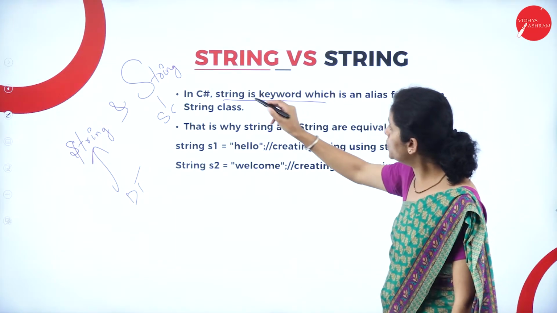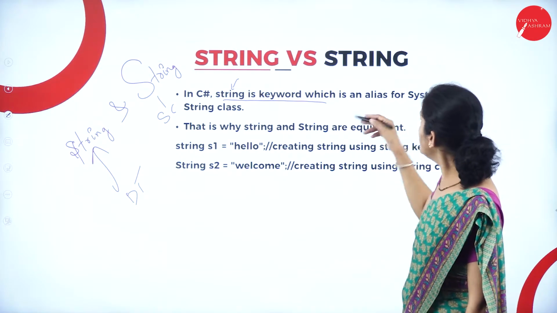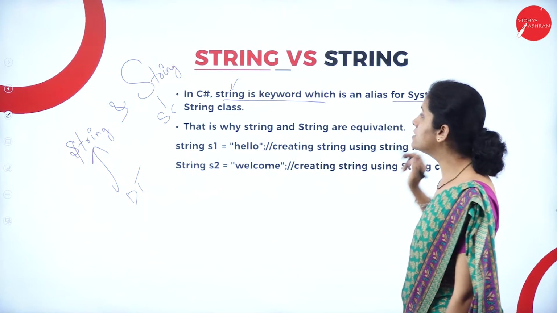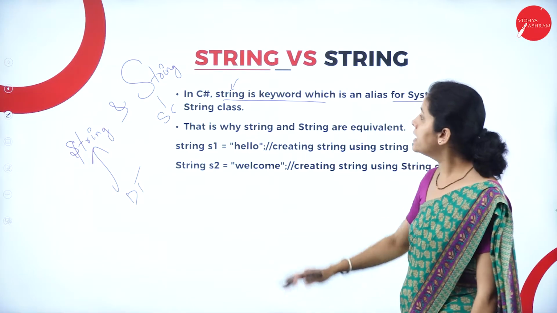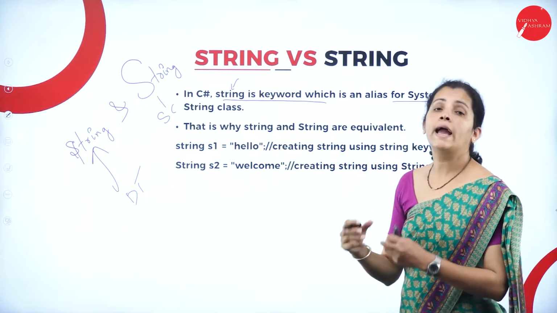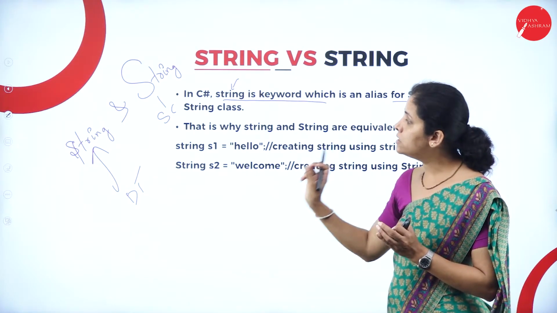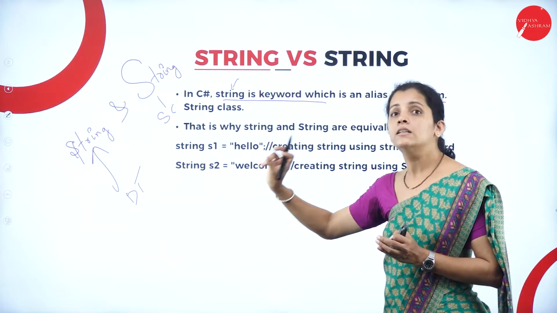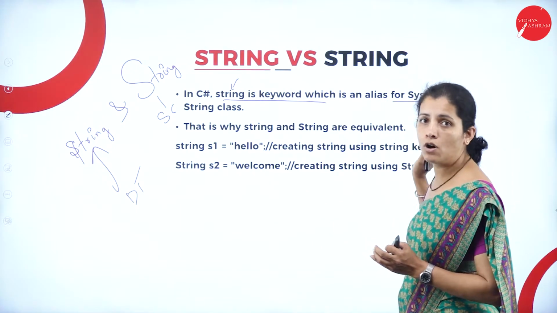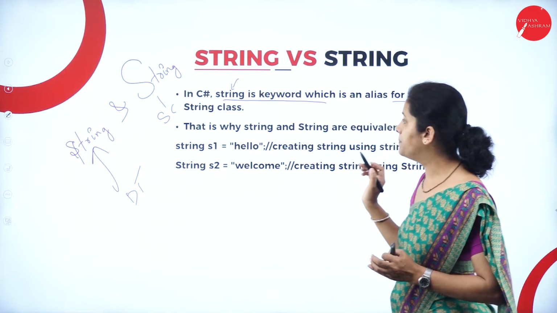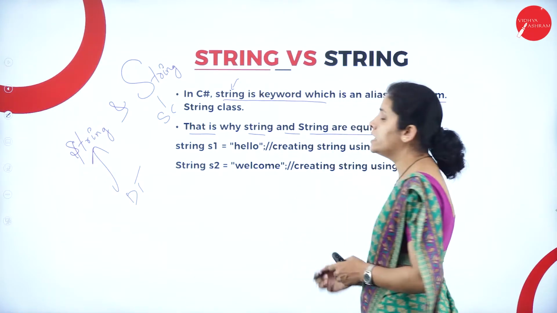So if I use the data type string, it is nothing but the alias for the System.String class. Alias means another name. If I use the data type, that is small letter string, then this is nothing but the alias for the System.String class. That is why string and String are equivalent.